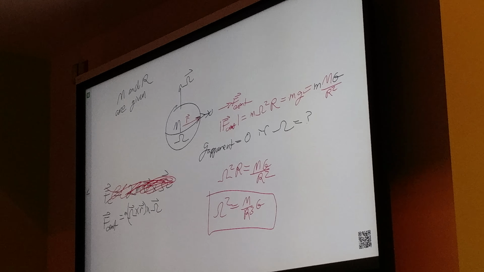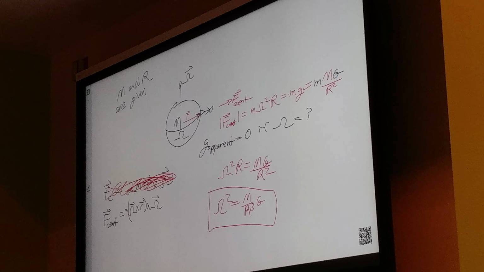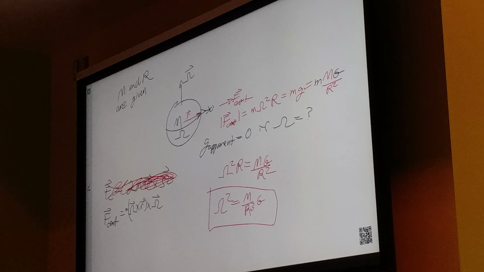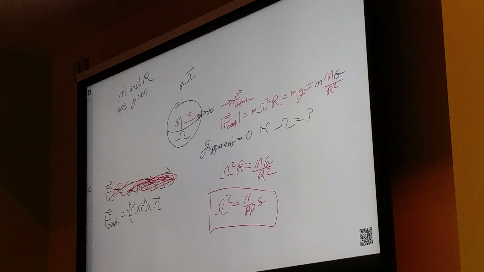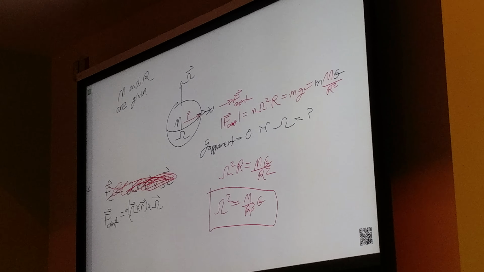Looks to me like it depends on the density. If I had another planet with the same composition, only a different radius, so same composition means same average density, then I would have the exact same value of omega. So it still depends on the radius. It's G.